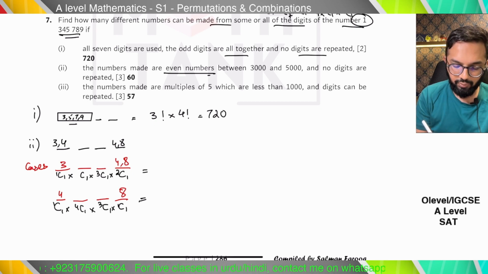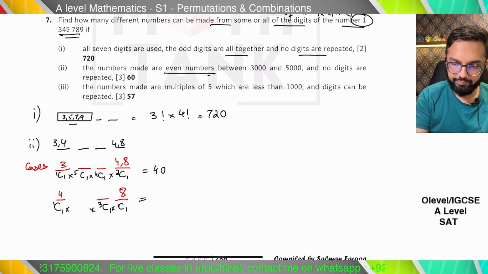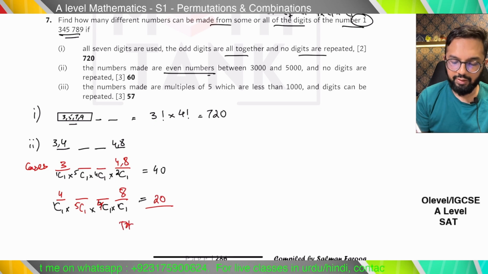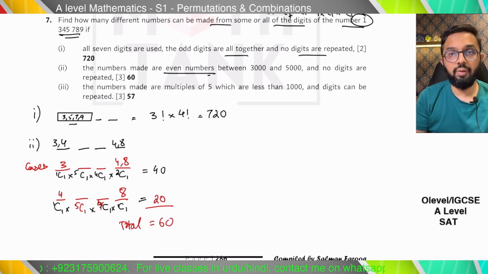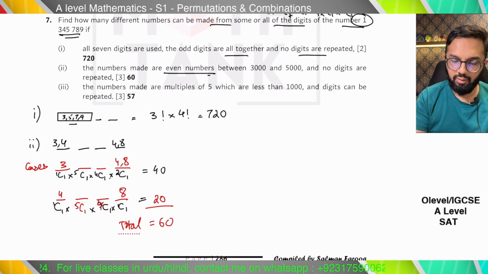So this would be 4, this would be 5, and this would be 4. 40, 20. So a total of 60. I missed out on one of the numbers, which is why the answer was wrong.